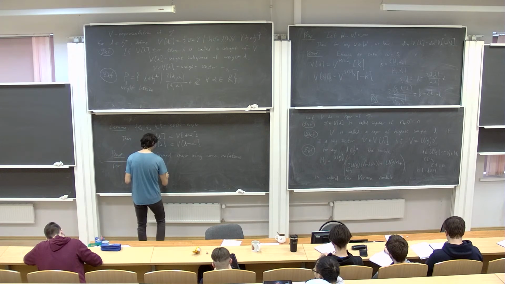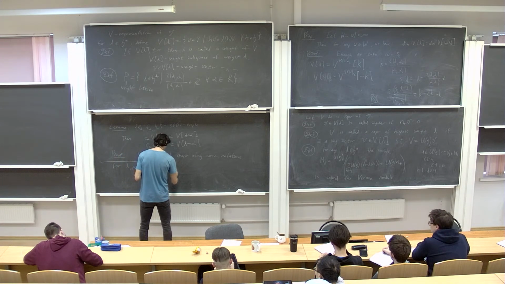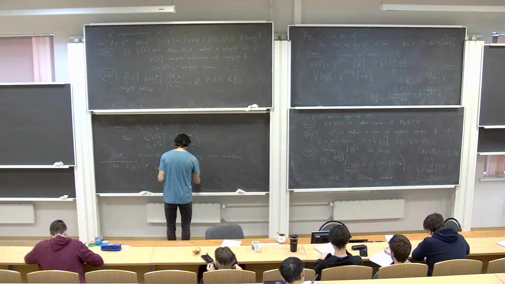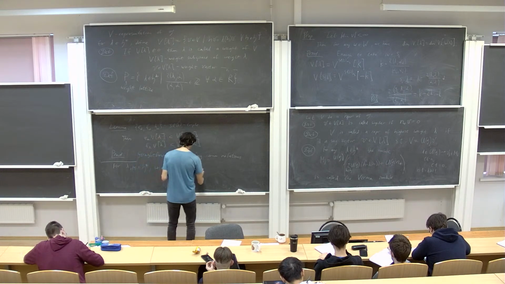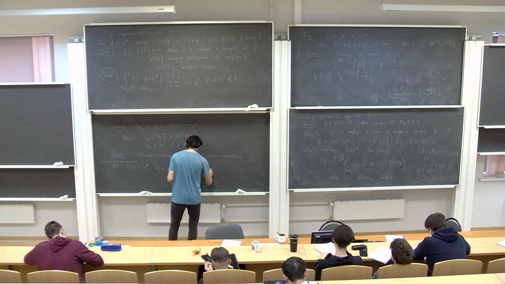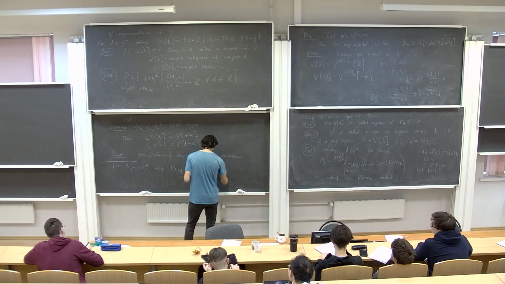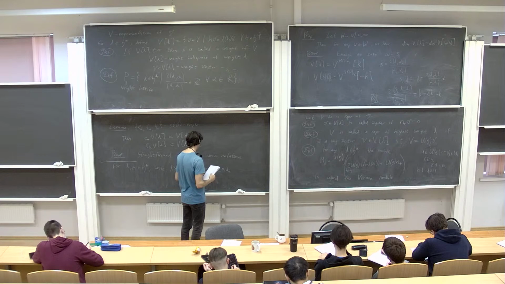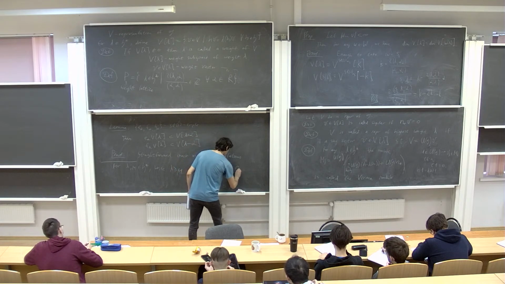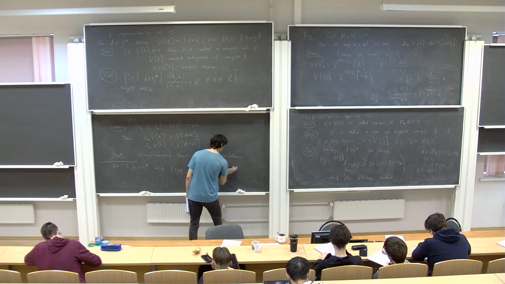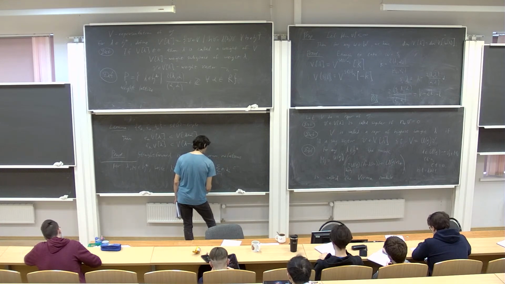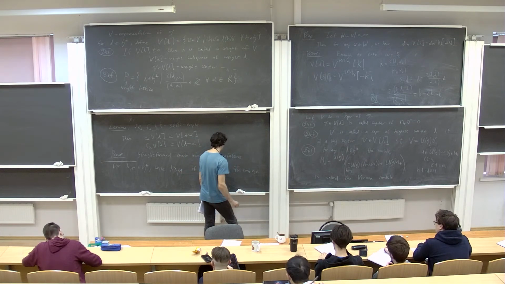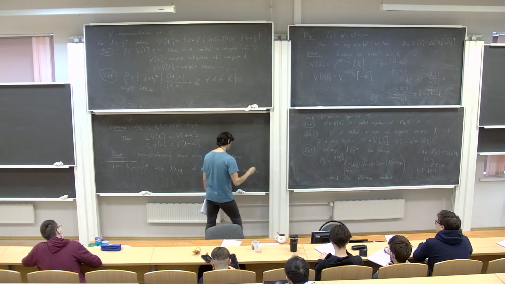Let us write lambda is greater or equal than mu if mu equals lambda plus the sum over n_i alpha_i, where the alpha_i are simple roots, and the n_i are non-negative integers.